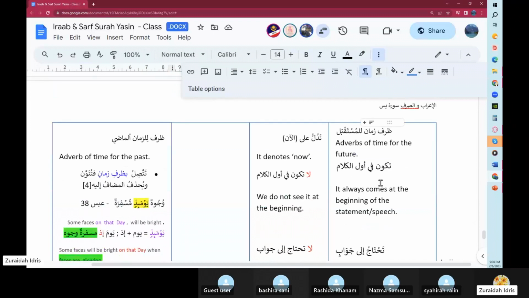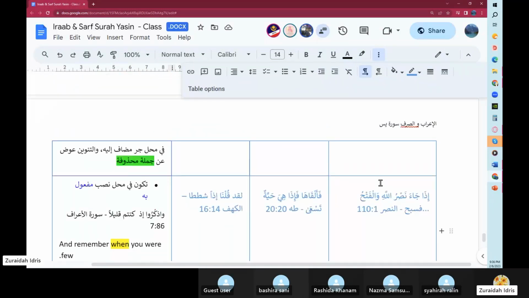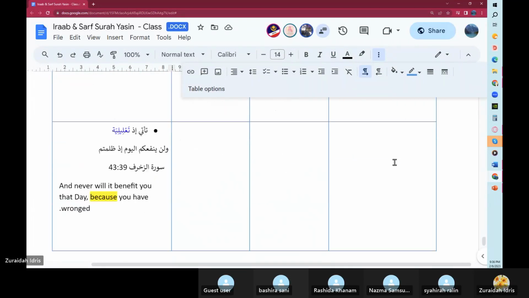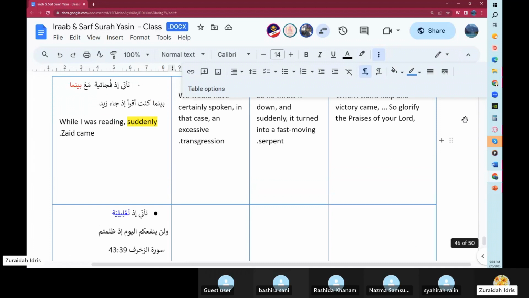Let me see if there's an example here. Let me find one. A classic one, I think, is the short ayah towards the end: Iza shamsu kuwirat.